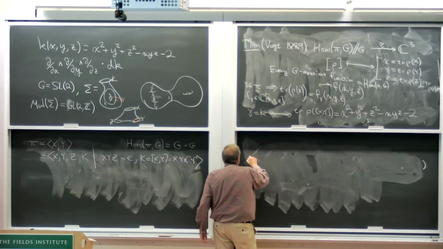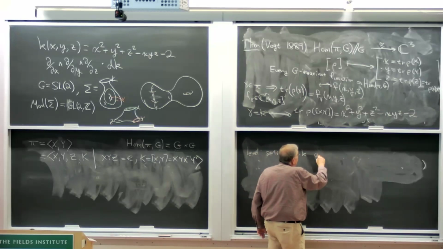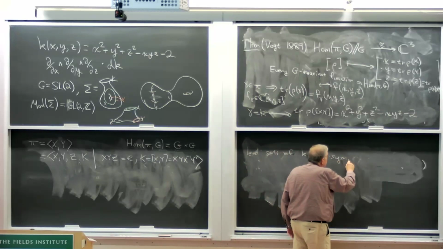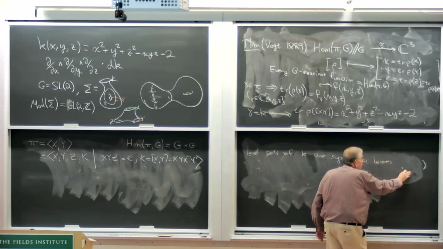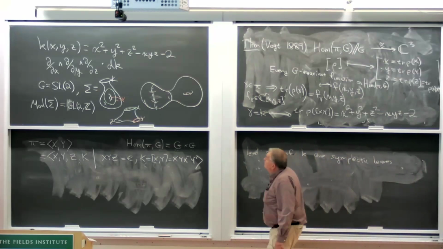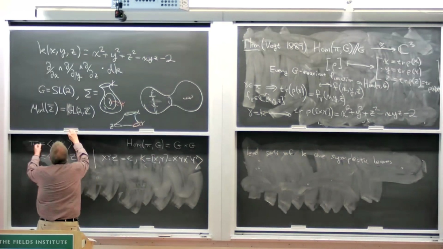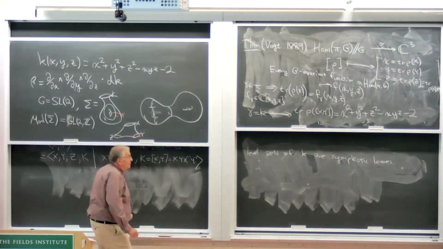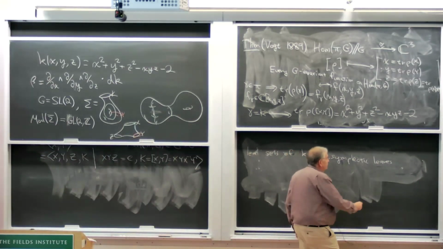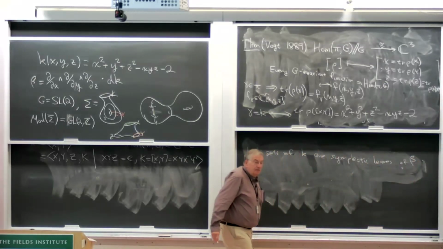And so the level sets of k are the symplectic leaves of the Poisson structure up here. The bivector field. Okay.